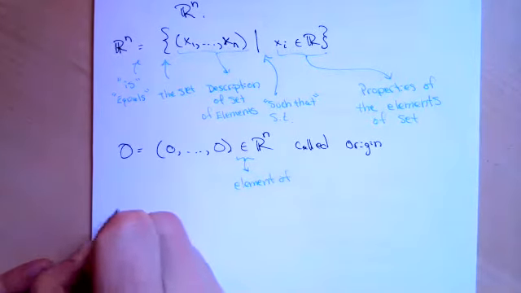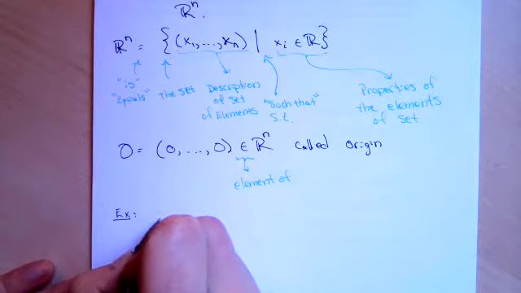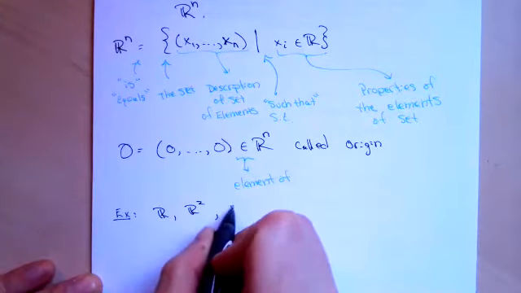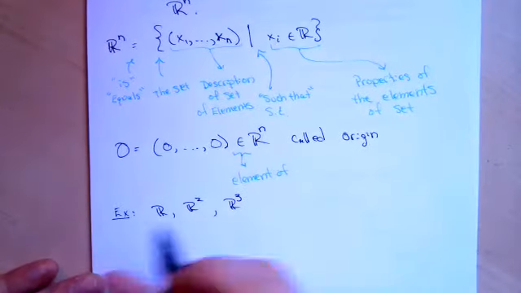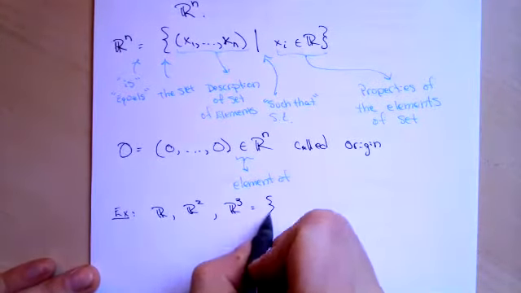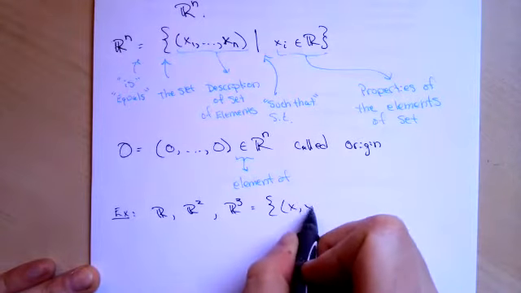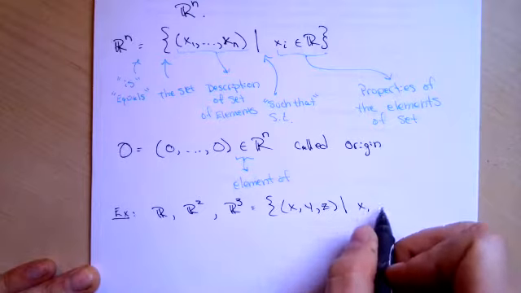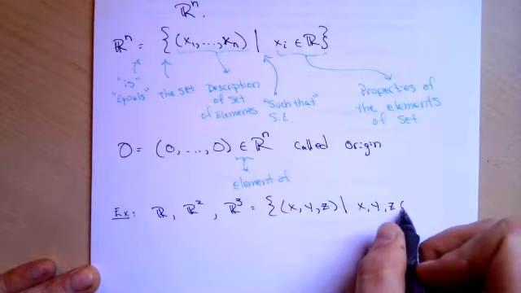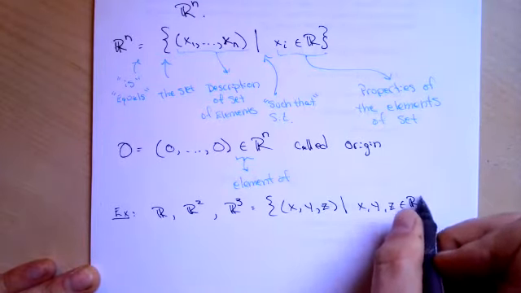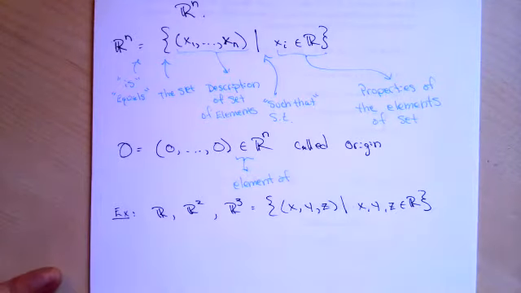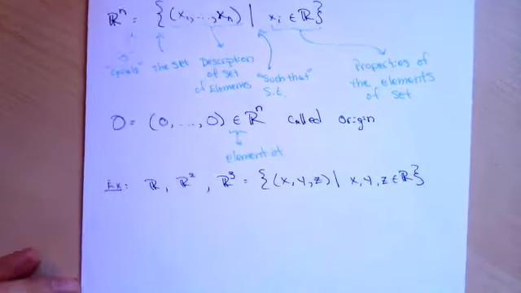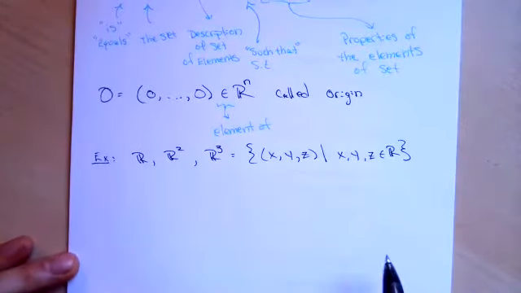So of course, examples, we've all seen R. R2 is our Cartesian plane, and R3 we've typically described as the set of x, y, and z. But now we want to jump into potentially higher dimensions, R4, R5.